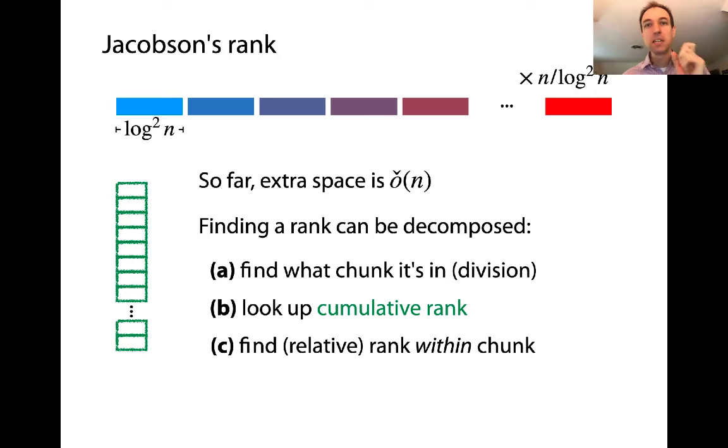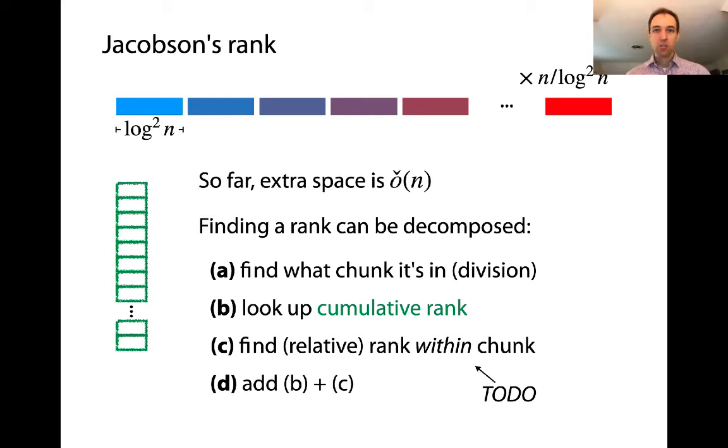So with respect to the beginning of the chunk, how many ones are there from there to where the query is pointing in the middle of the chunk? And once I figure that out, all I have to do is add it to the cumulative rank that I've already looked up, and that will be the answer to the rank query. But we haven't done part C yet. We still need to figure out how to find the relative rank within the chunk.